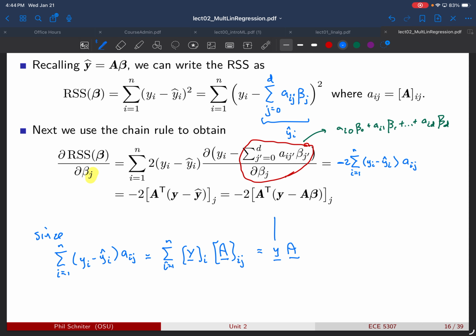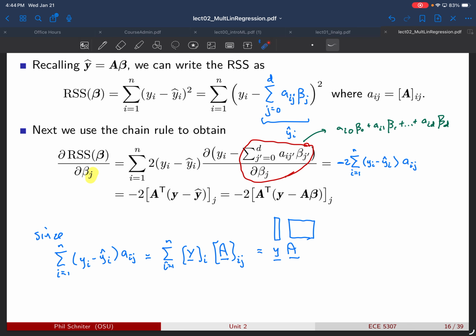I'll give you a hint. So this is a column vector, and this is a matrix. Is that something we can do? Yeah, so there's a couple ways to fix it.